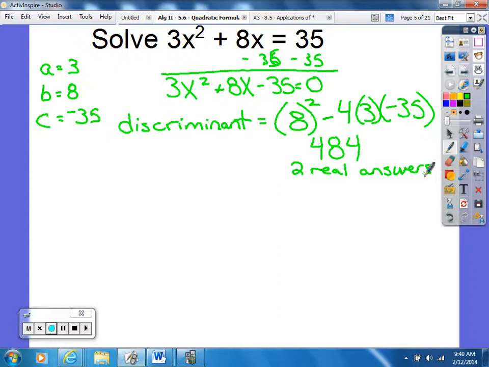Alright, so now I'm going to go ahead and fill in my formula. But the great thing is, I don't have to fill in the entire formula because I already have part of it right there. So it goes x equals negative b plus or minus the square root of 484. B squared minus 4AC is 484.